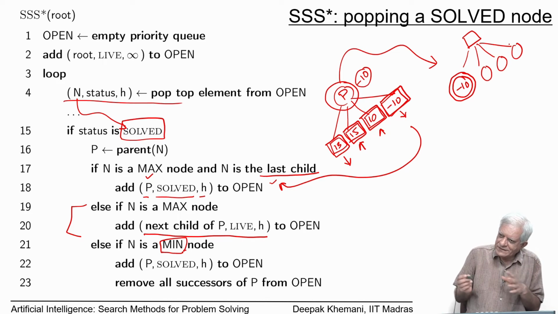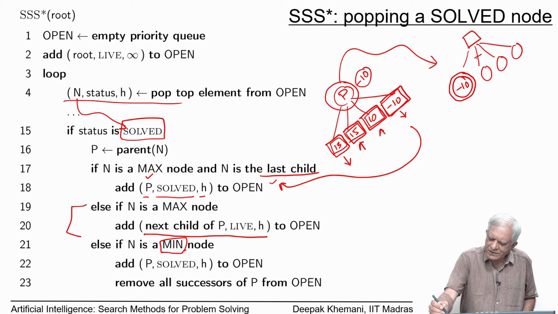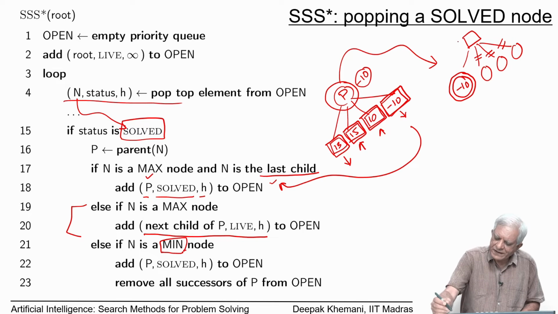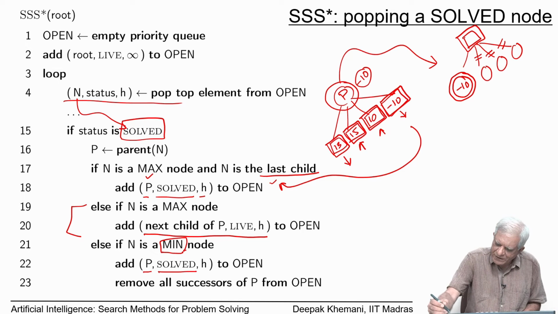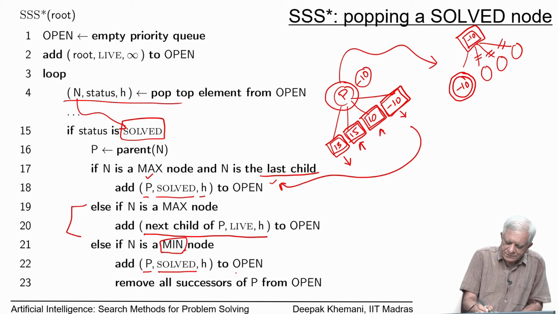The best value, because it is at the head of the priority queue and we have extracted the node from the head of the priority queue. If the value of its best child is minus 10, then the other children need not be looked at all essentially. And then we can say add this as a solved node. So, add P the parent as solved with the same value, which is minus 10 in this example, to open.